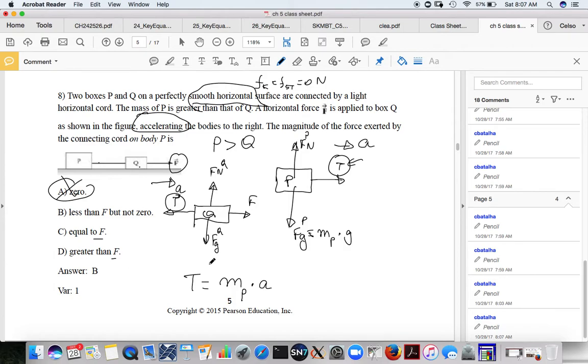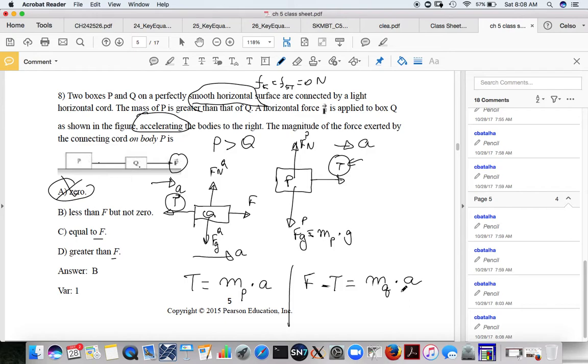But when we think about the x direction only, assuming there is an acceleration on block Q, what we can write is that F minus T is equal to M_Q times A, the mass of block Q times acceleration.